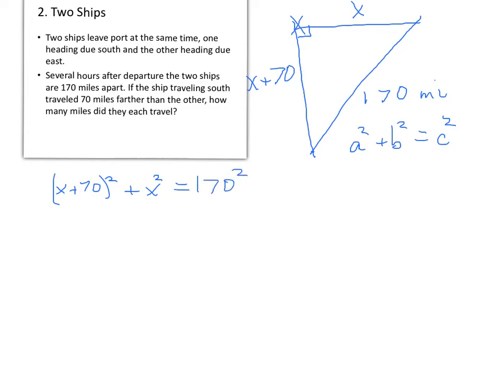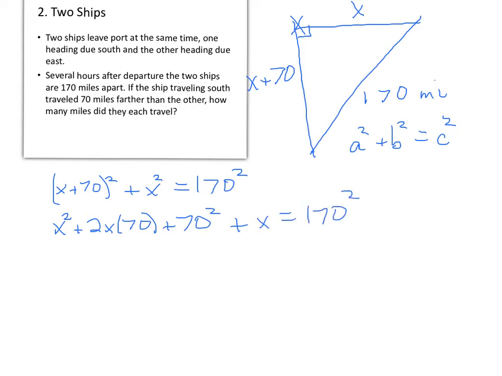So the first term we need to multiply out, and we use our formula that says anything plus something else squared is going to be x squared plus 2 times x times 70 plus 70 squared. And then we still have that extra x squared.